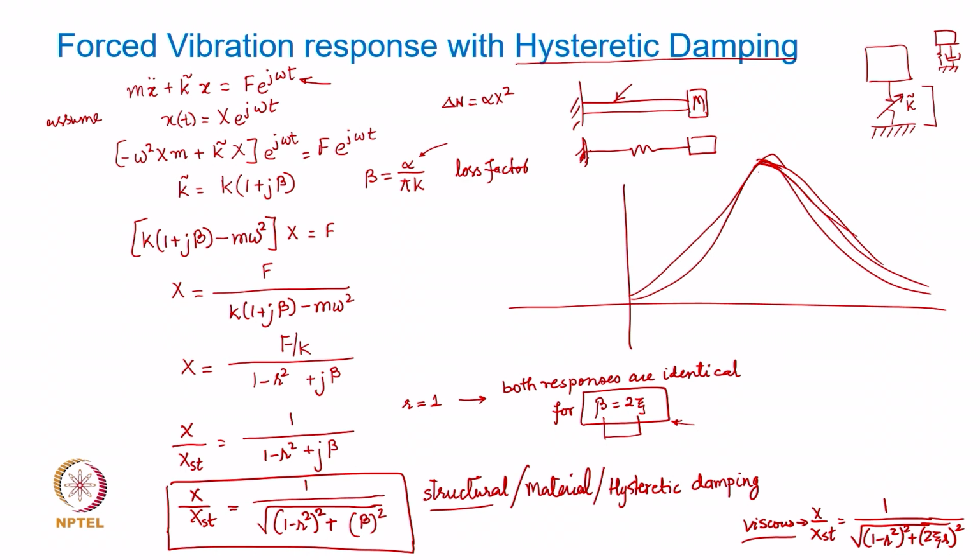And of course, once this expression is known and you somehow through tests figure out the structural damping coefficient or loss factor, you can substitute for this parameter in this equation to find out the response at any frequency of excitation, right. So, broadly the two expressions are quite similar in that sense.